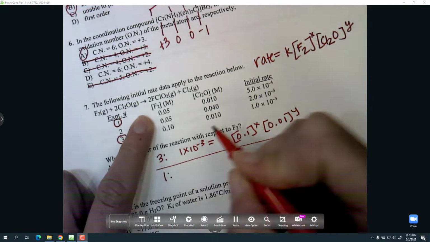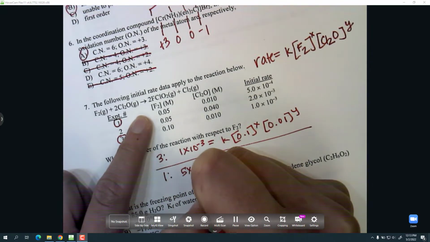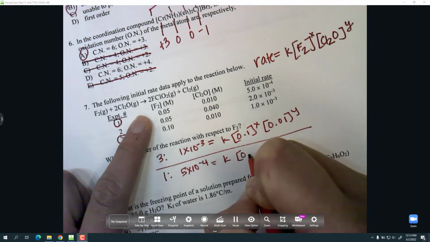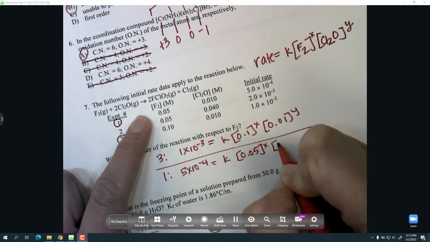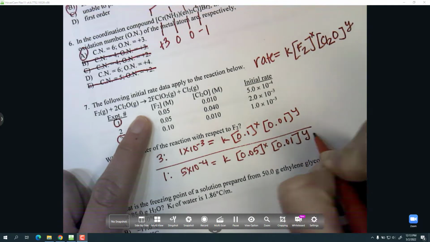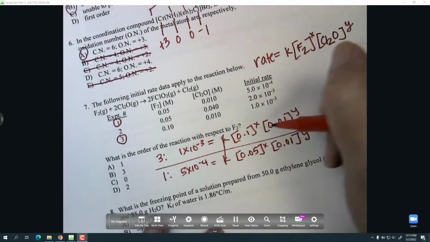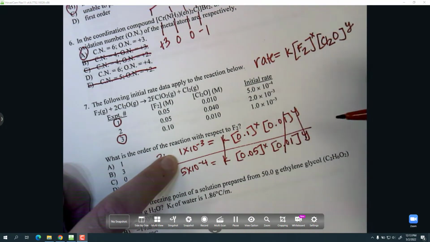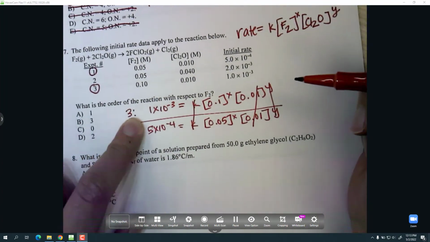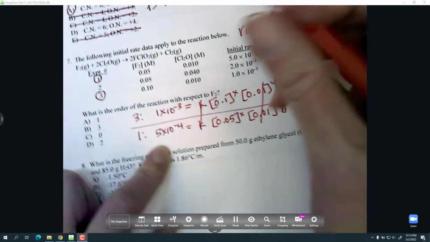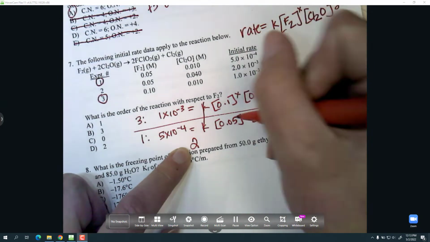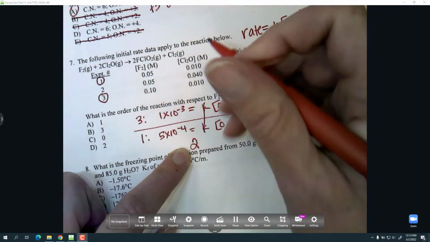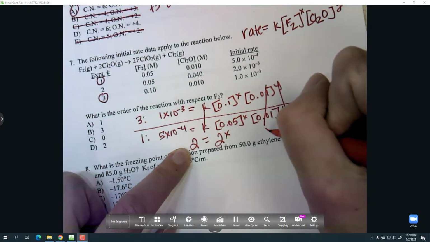Do the same thing for number 1. Cancel. I didn't include my units here because those would cancel, but they have units. But anyway, when I divide, that comes out to 2. Remember, for the exponent, you divide the number, keep the exponent, so 2. So x must be 1.